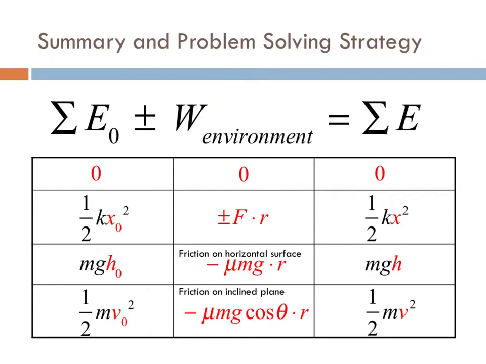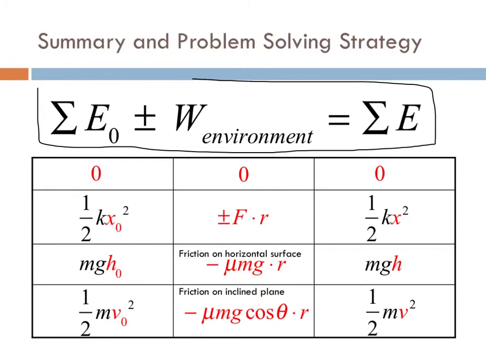So this chart is going to help us approach our energy problems from now on. We've seen this before. It said that all of our mechanical energy at the beginning was equal to all of the mechanical energy at the end. But now we're involving non-conservative forces, such as friction. So when that's true, then our mechanical energy at the beginning is not going to be equal strictly to our mechanical energy at the end, but there will be an addition or subtraction of the work done by the environment.